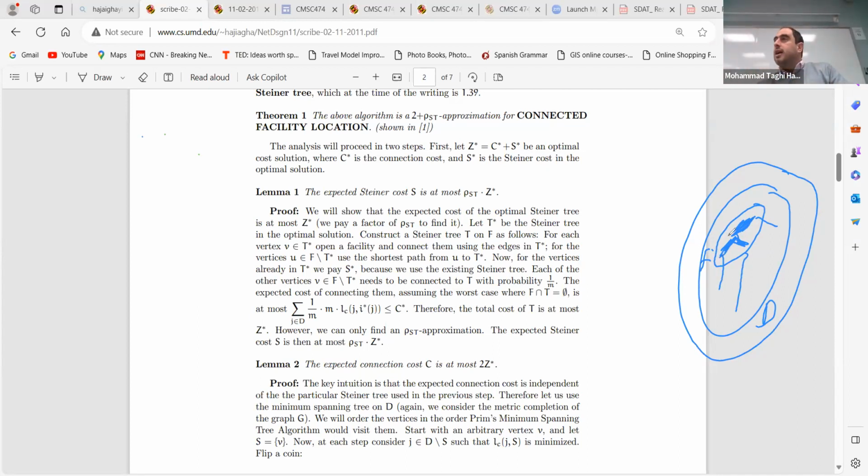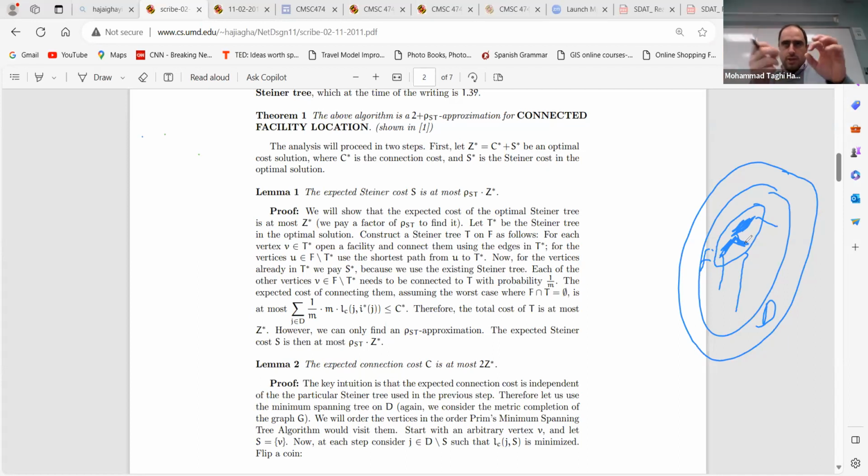The cost of this guy that I have selected is independent from the, so you can essentially connect this guy through any Steiner tree. And that is the part that we have already computed. So for the connection cost, I want to say essentially a different process of opening these facilities, and you can say it is equivalent.